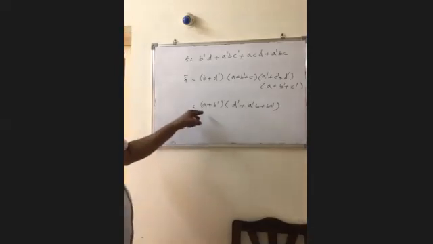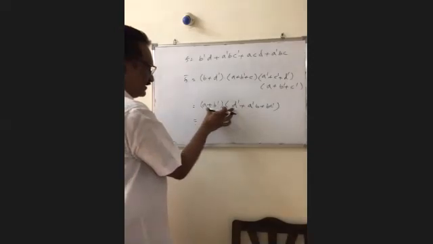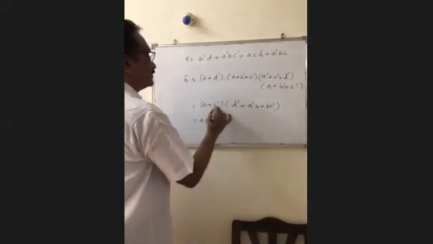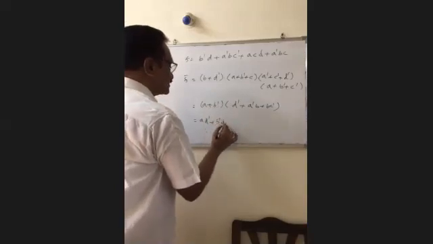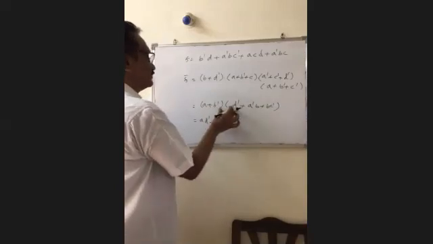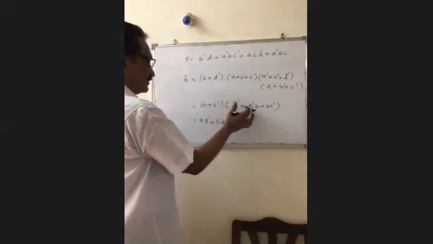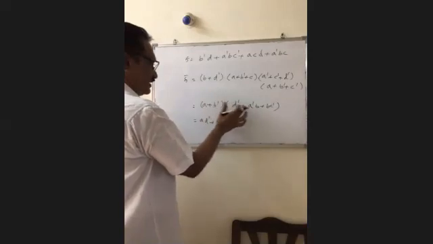If you expand this one, this one is equal to A D dash plus B dash D dash plus A into A dash 0. Next B into B dash 0.